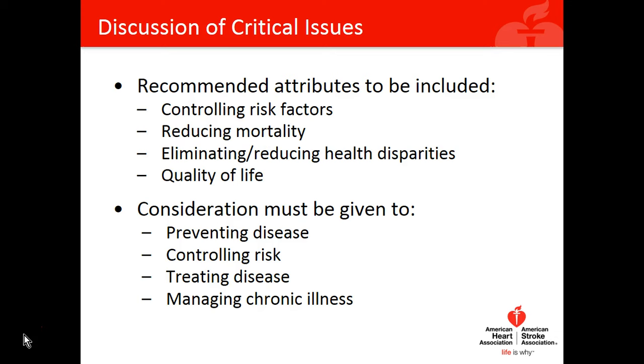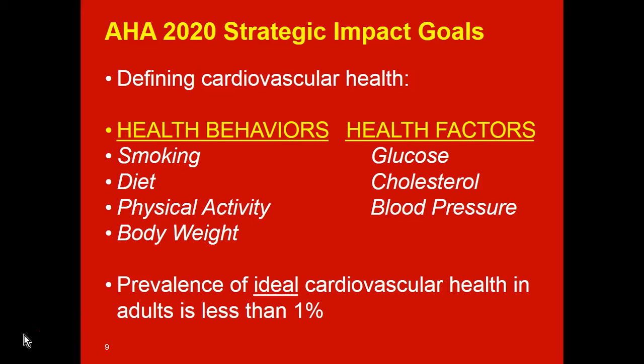So, again, considering this tall order of ideas that were considered and included in the guiding principles of defining cardiovascular health, the AHA 2020 Strategic Impact Goals, the definition of cardiovascular health includes 7 key health behaviors and health factors.